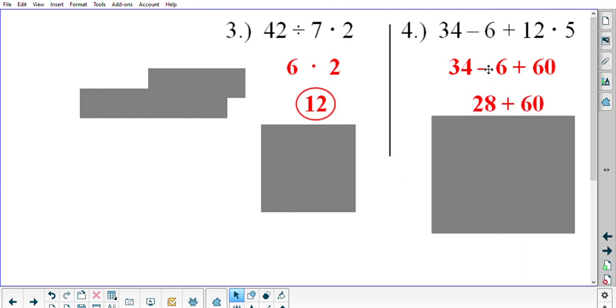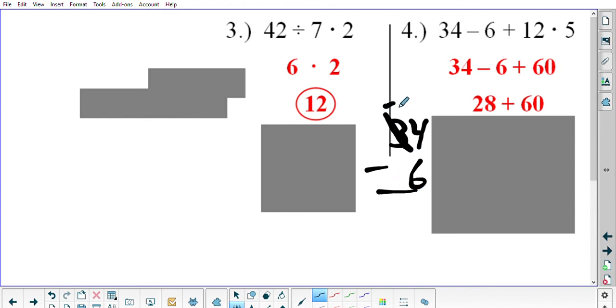By the way, forgive me, I can't really write well here with my mouse and keyboard, but if you had to go off to the side and do 34 minus 6, and then do your borrowing and get the 2 and then make this 14, that's fine. There's no problem with that.